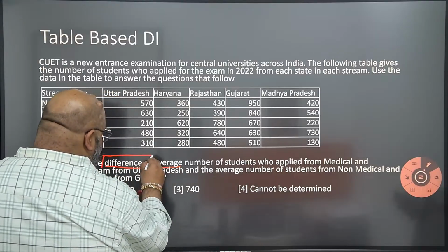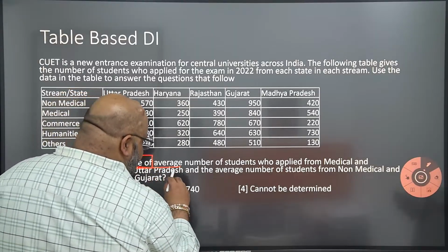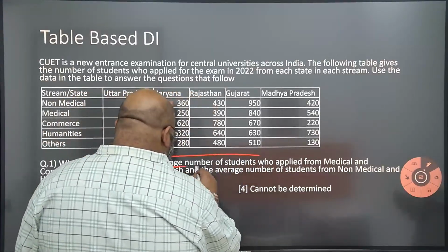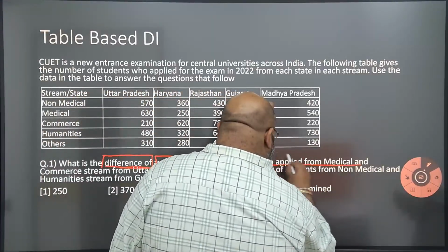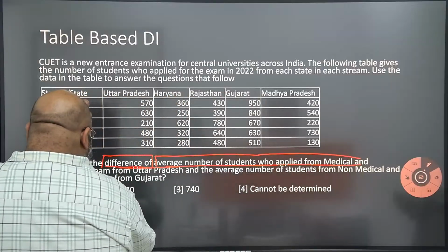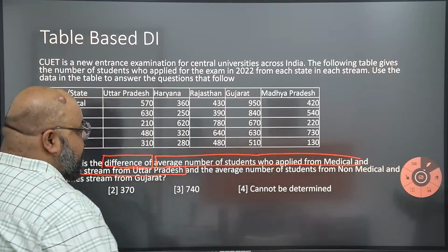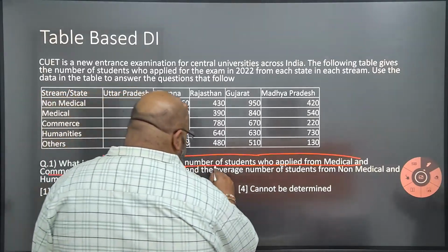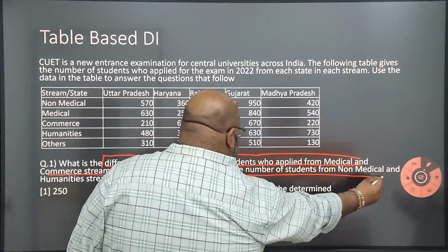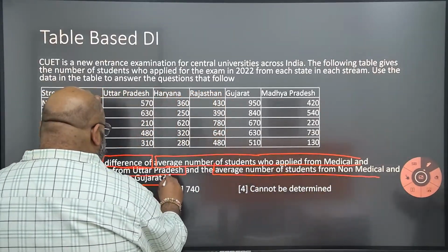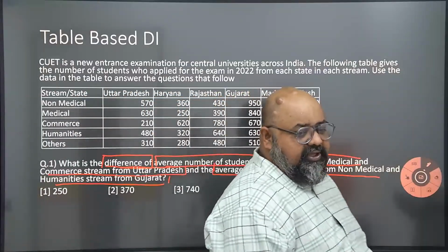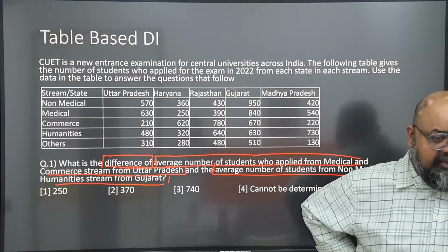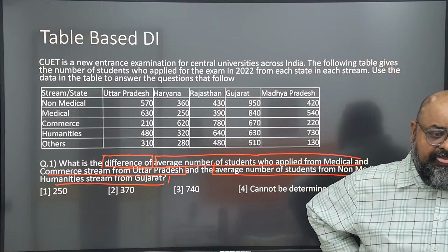I have to find two values, whose difference I will take. What are the two values? The average of students from medical and commerce from Uttar Pradesh. So I look at the medical and commerce students from Uttar Pradesh. That will be one value, and the average number of students from non-medical and humanities from Gujarat. So from UP I'll find one average, from Gujarat I'll find one average, and then subtract the two. That is the question that has been asked.